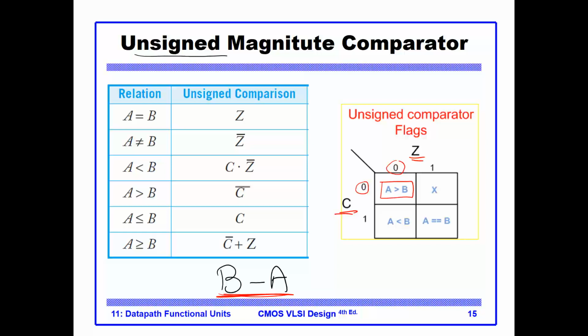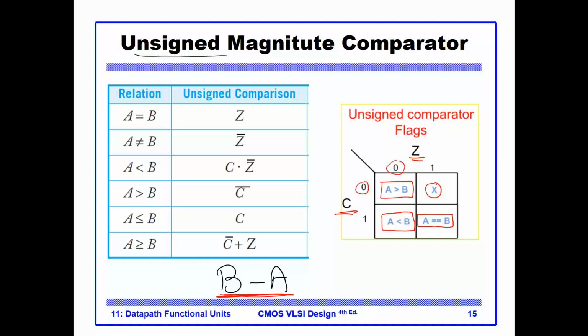If the carry flag is 1 and the zero flag is 0, then a is less than b. Now, if the carry flag and the zero flag both are 1s, it means a equals b. The case where the carry flag is 0 and the zero flag is 1 never exists. Okay, so that's the case here.